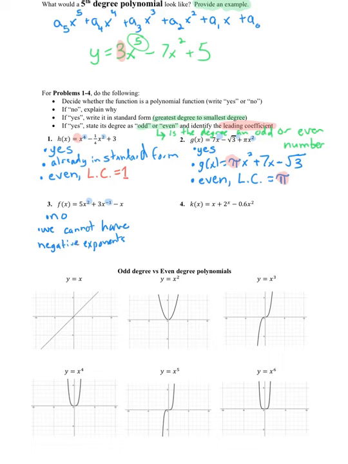And then the last one, I kind of mentioned this already, you have 2 to the x power. So the answer for this one is no. And that's because x is a variable, a variable that we can change into a negative number or a fraction.